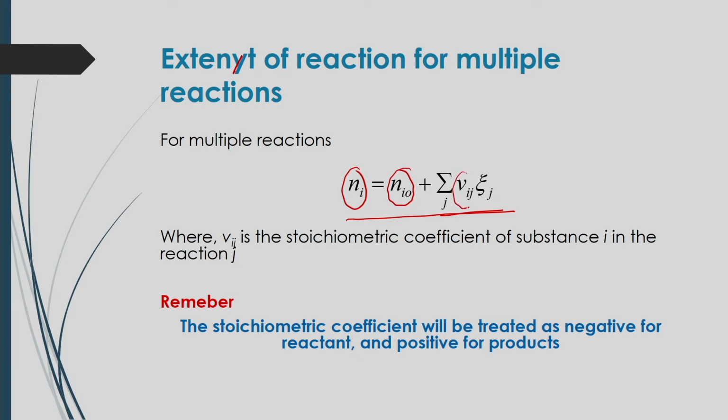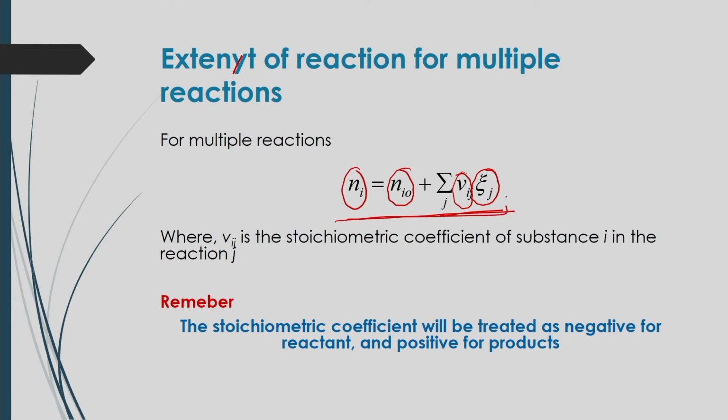Here nu ij is the stoichiometric coefficient in reaction j; if there are j number of reactions, then you have to consider nu i for the particular reaction. And similarly, the extent of reaction for reaction j will be denoted by xi j.